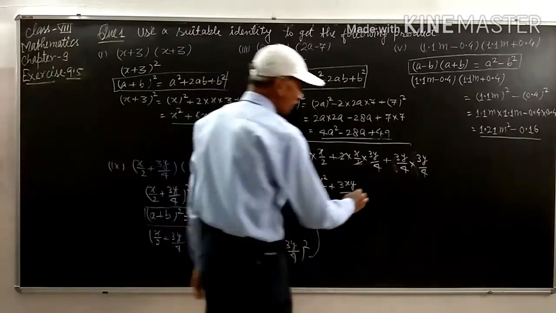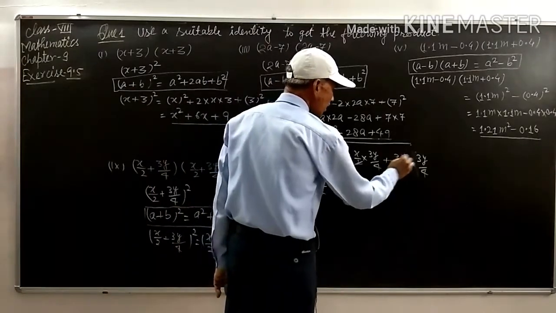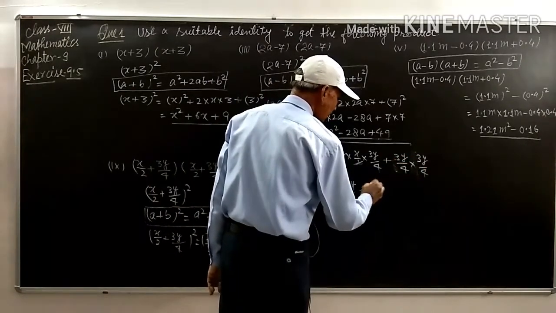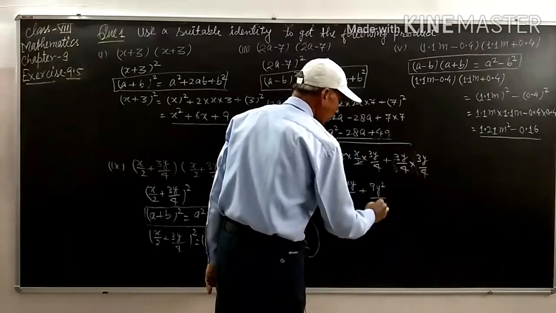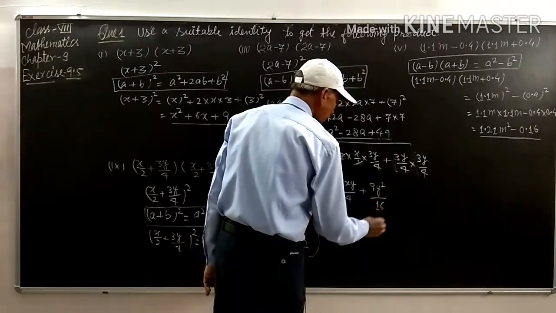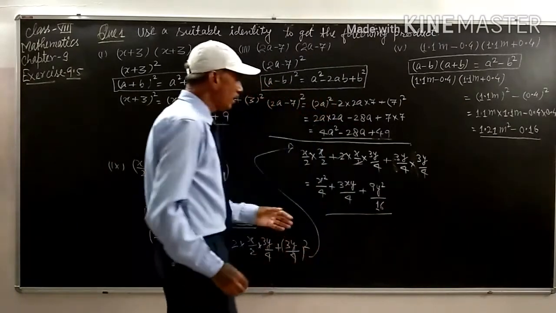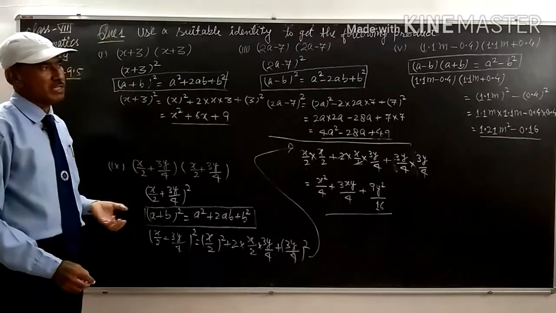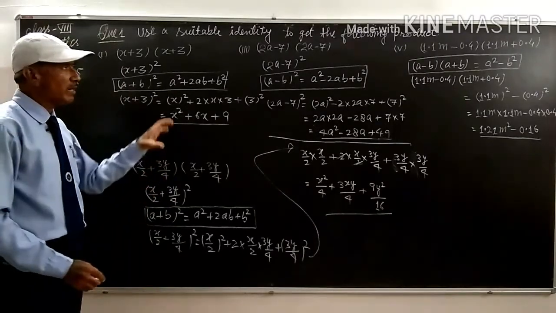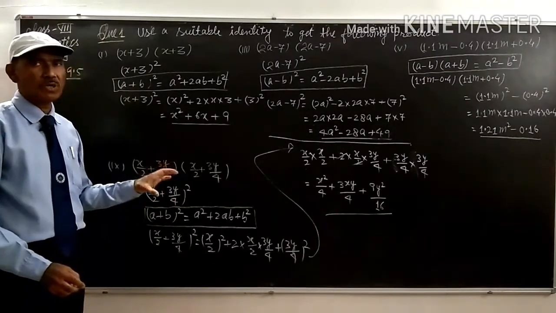Clear, student? Plus now this 3 into 3, that is 9y square by 4 into 4, 16. This one is the answer of this part. This is the 9th part of the question, and remaining part of this question you have to do yourself.